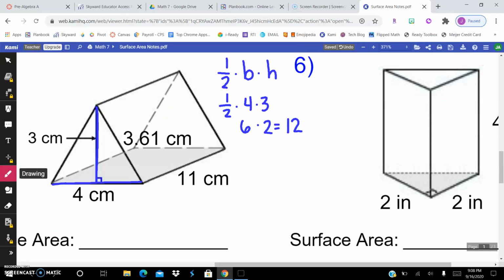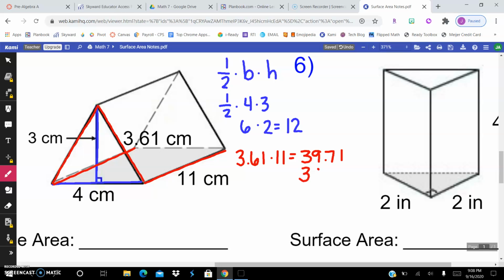Then we're going to move on to this rectangle right here, which is 3.61 times 11, and that would be 39.71. And we have 2 of those because this rectangle over here on this side would have the same dimensions.